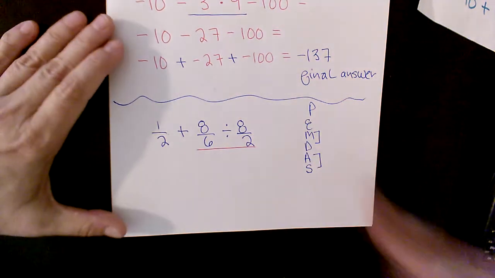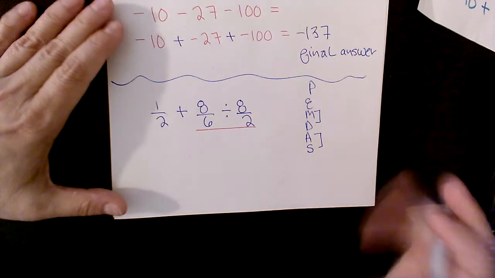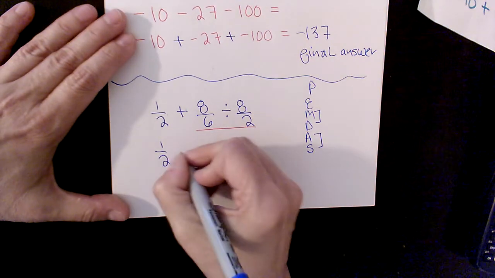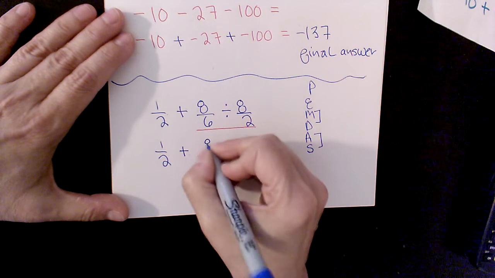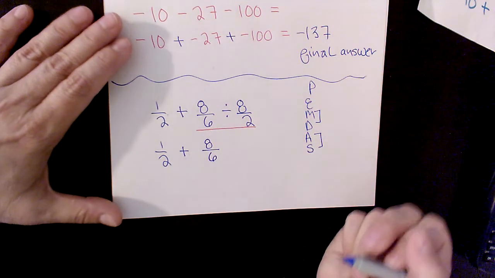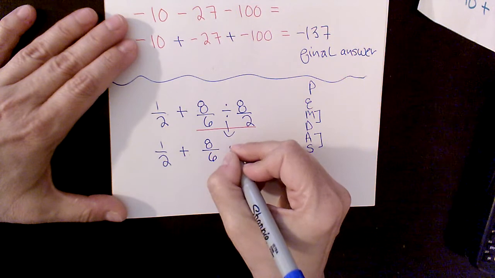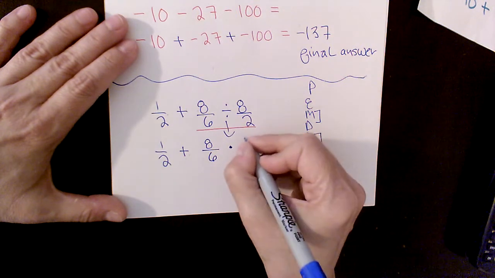So remember, we reviewed this in the prior video. So I'm going to bring down the half, and I'm going to keep the first fraction. I'm going to change this to a times, and then remember I'm going to flip.